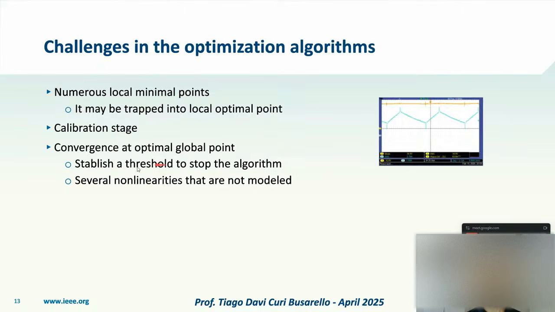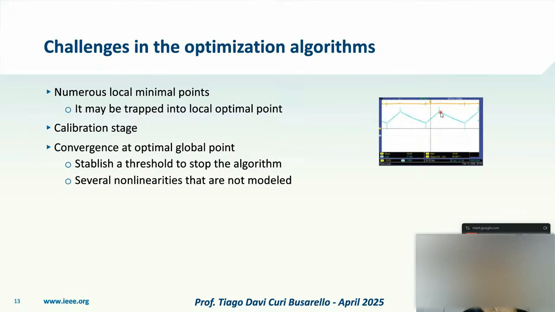You need first to establish a threshold to stop the algorithm, because maybe the current will never be identical to this one. There are non-modeled parameters in the virtual part, so our simulated current will never be like this one. So the algorithm will keep trying to reach this current.